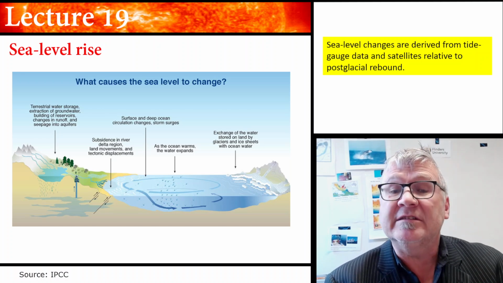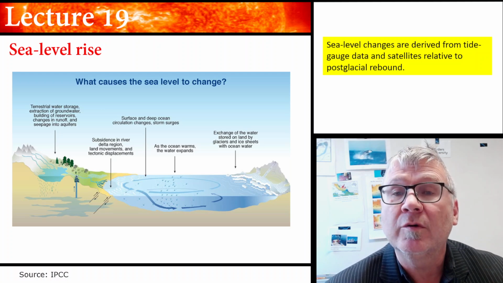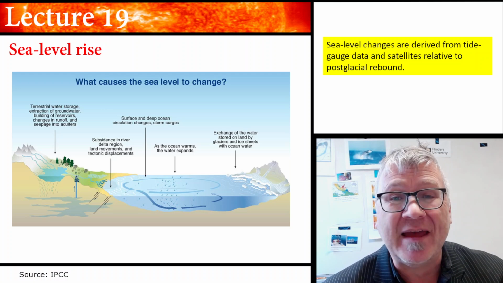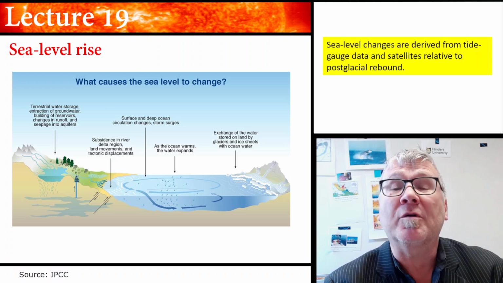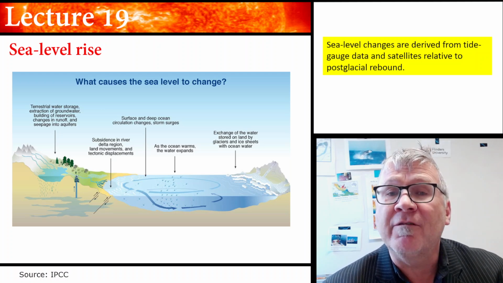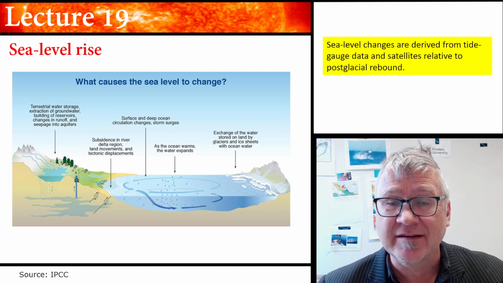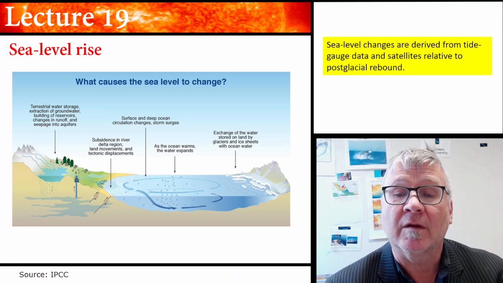So what causes the sea level to change? One big component is thermal expansion. The second important point comes from the addition of ice from the land melting in the ocean.